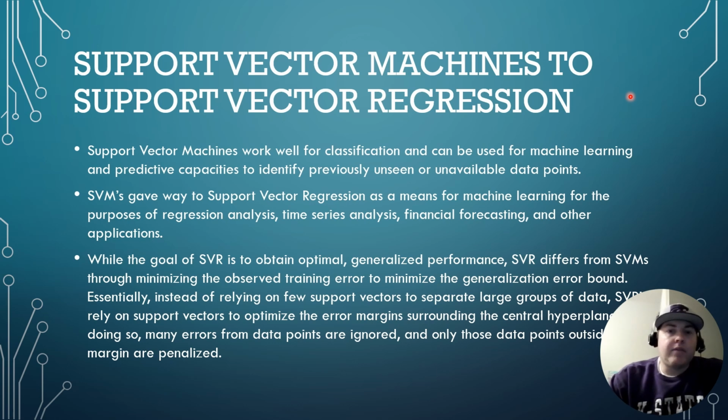Essentially, instead of relying on a few support vectors to separate large groups of data, which is done during classification, support vector regression relies on support vectors to optimize the error margins surrounding that central hyperplane. In doing so, many errors from data points are ignored, and only those data points outside the margin are penalized.